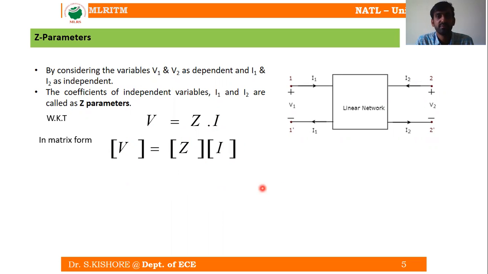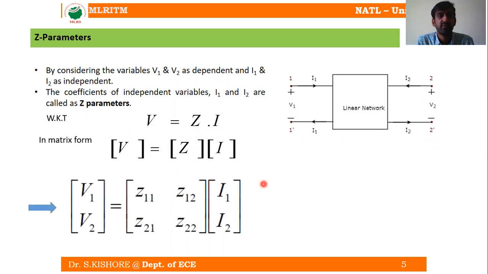Because in this two-port network we have two variables, V1 and V2, the column matrix is V1, V2. Z11, Z12, Z21, Z22 are going to be our Z parameters, the square matrix. And I1 and I2 form the column matrix, because the independent variables are I1 and I2.